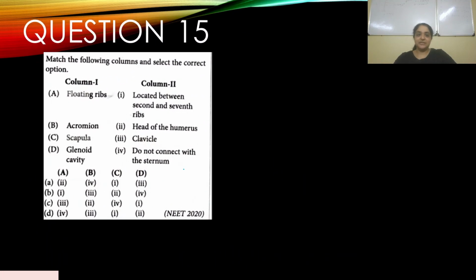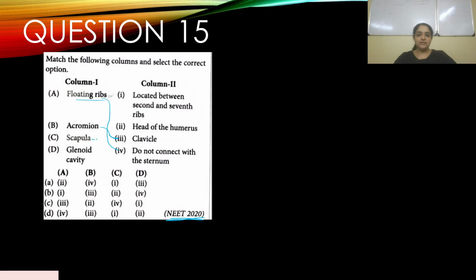Question number 15. Match the following columns and select the correct option. It's appearing in NEET 2020, quite recent. You have A, B, C, D. Let's do the match. Floating ribs do not connect with the sternum. Acromion is connected to the clavicle.